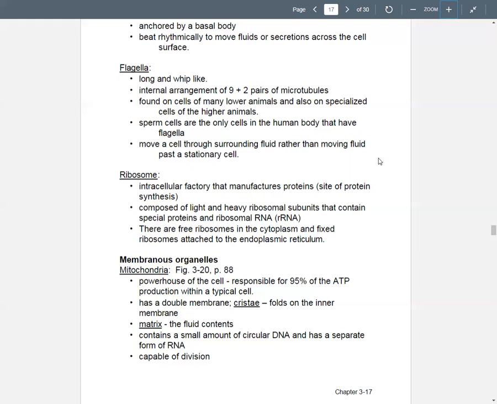So it has its own DNA and RNA. And it is capable of dividing on its own. When the cells divide, you also have to divide the organelles. So these organelles can divide, so that you have enough organelles to go to the 2 new cells.